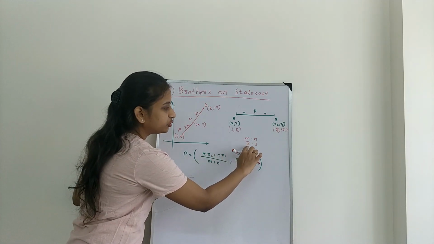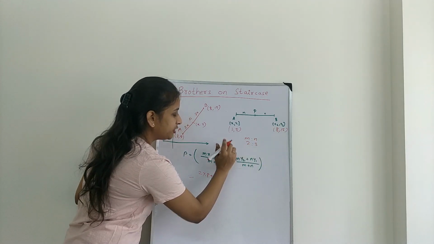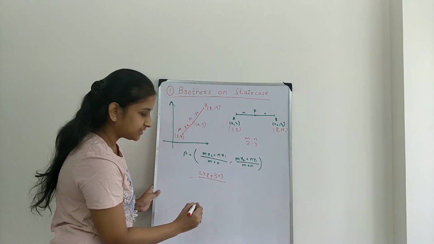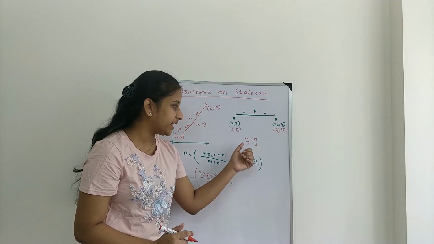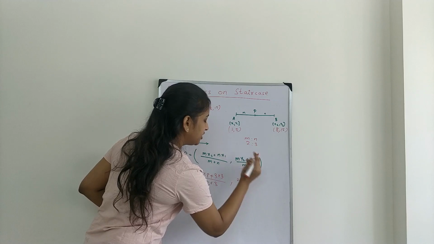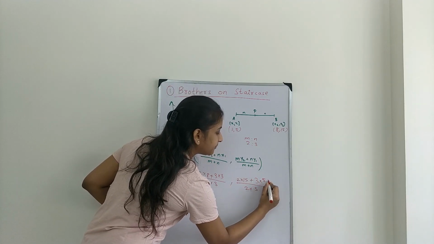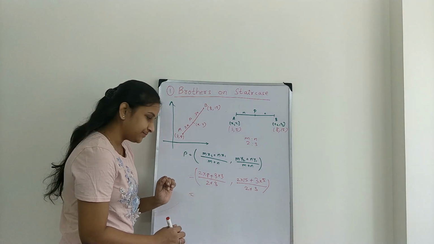See, m into x2, 2 into 8 plus 3 into 3 divided by m plus n, so it's 2 plus 3. Same for the y coordinate: 2 into 15 plus 3 into 5 divided by 2 plus 3. Easy, right? Now let's solve this.